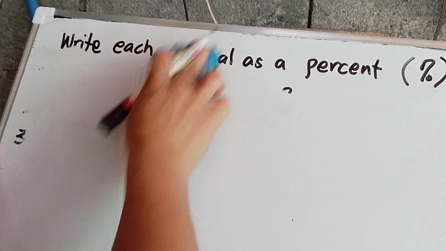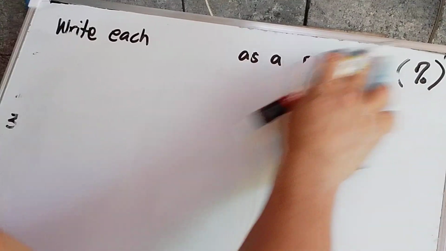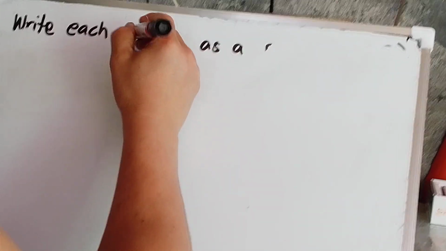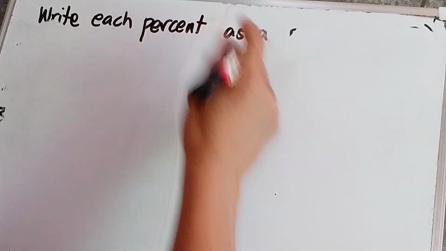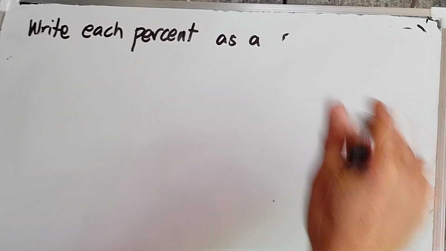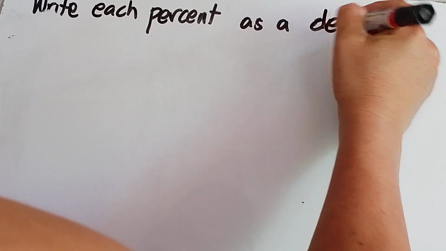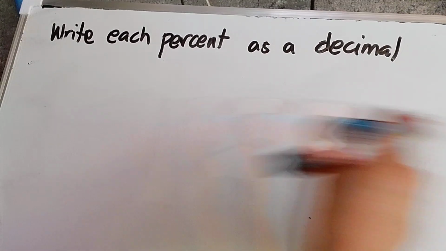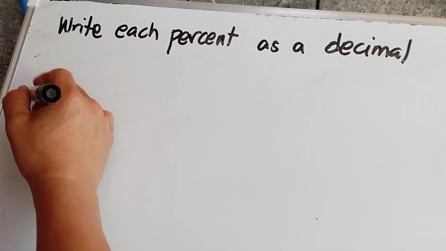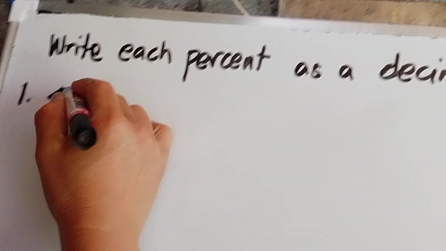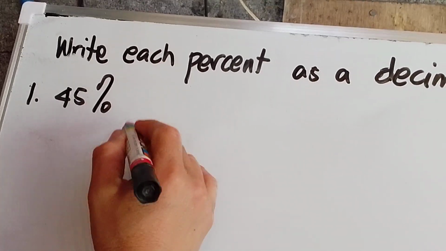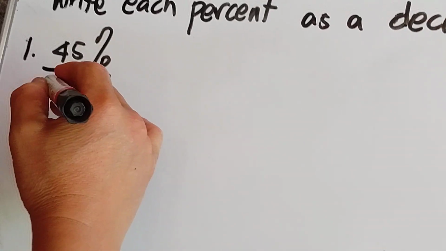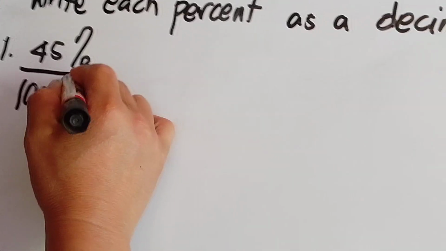I will change this one. Write each percent as a decimal. So number 1, 45% is what? A decimal. So I need to divide this by 100%.